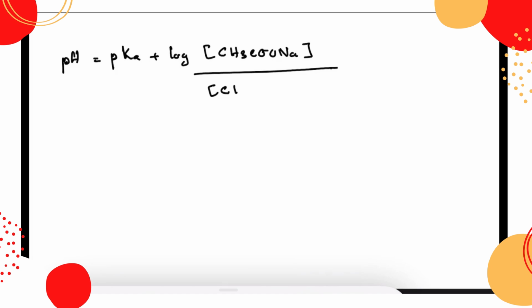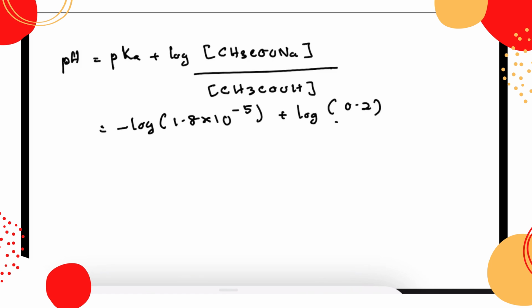Because it is a weak acid, the pH is pKa plus log of the salt, CH3COO minus, over the acid, okay, negative log, log.